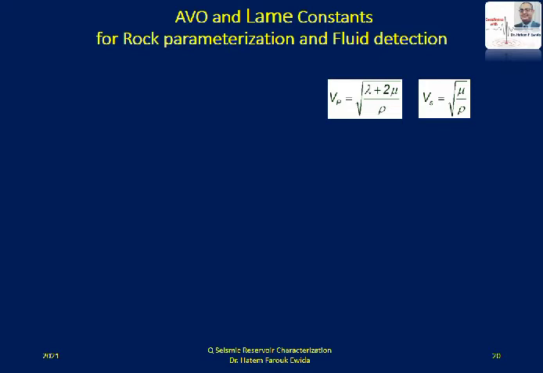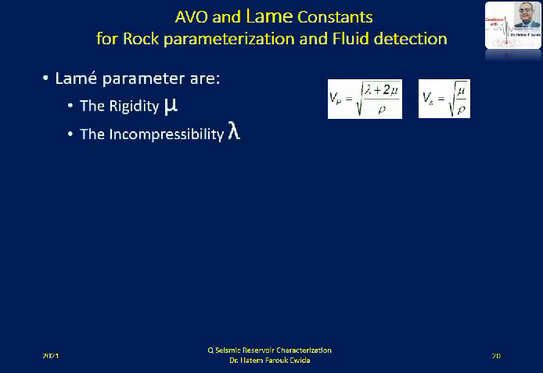So I have the lambda here, and I have the mu here, and we call these the Lame parameters, or the Lame constants. The Lame parameters are the mu, which we call the rigidity, and the lambda, which represents the incompressibility. Mu represents the rigidity of the reservoir. Lambda represents the incompressibility of the reservoir.